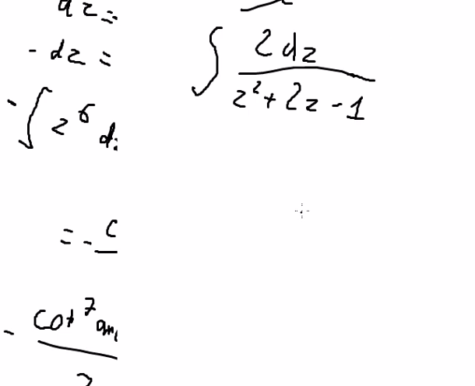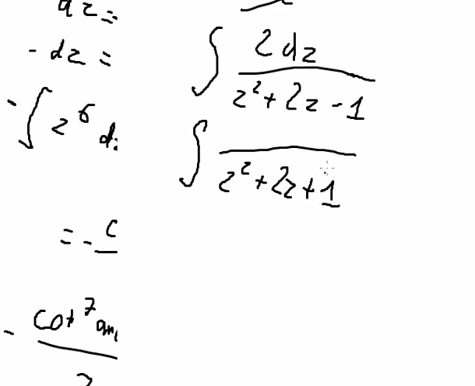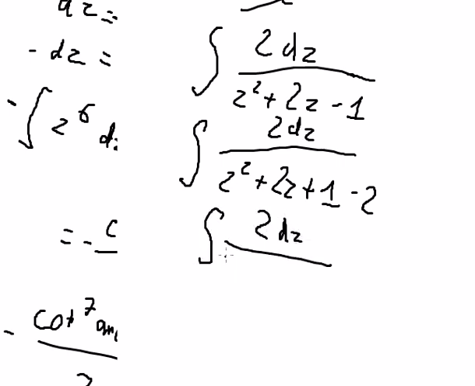So in this situation, we add number 1 in here. That means we need to minus number 1. You got negative number 2. So you got z plus 1 to the power of 2 minus 1 minus 2.